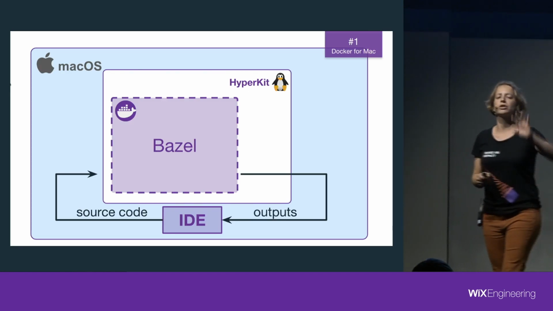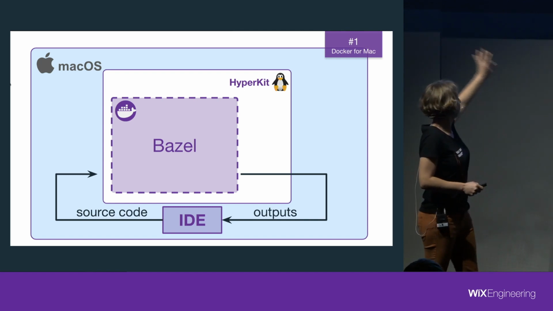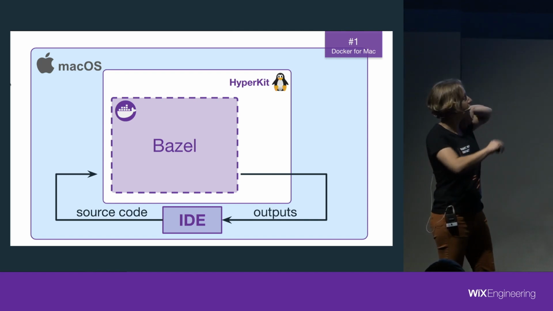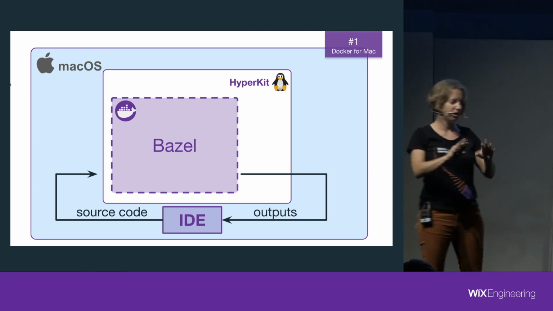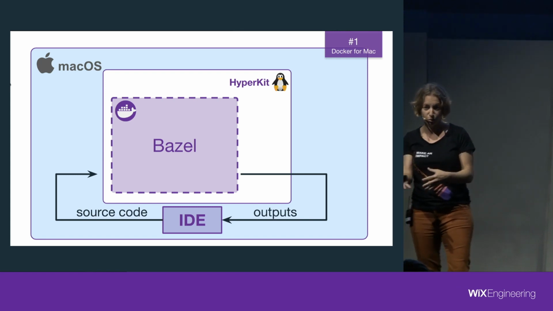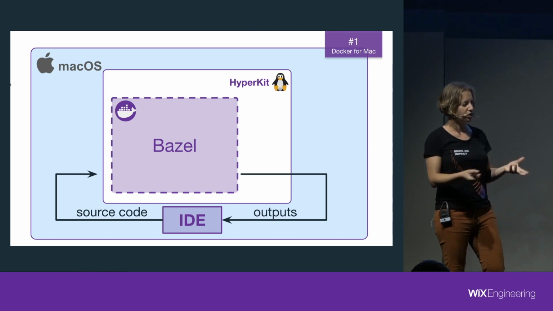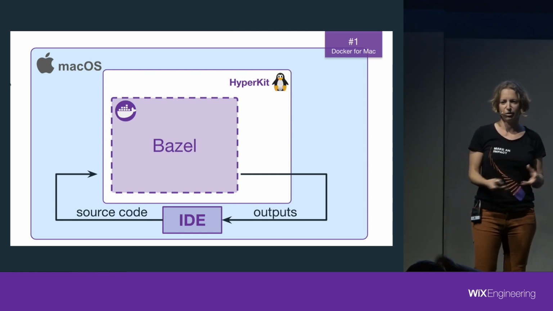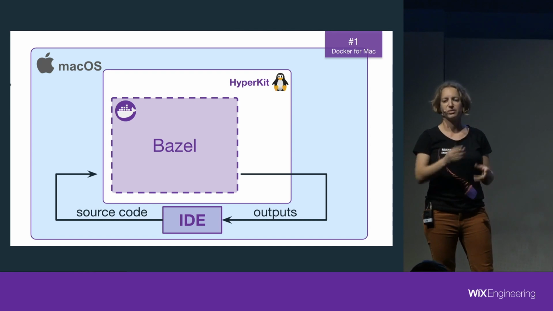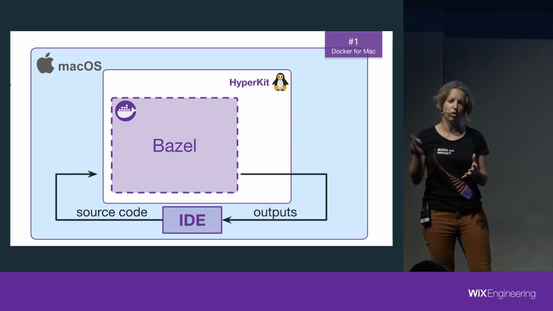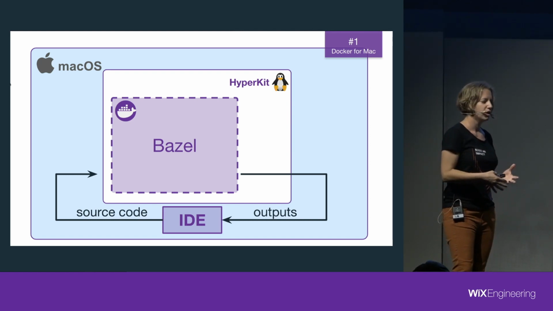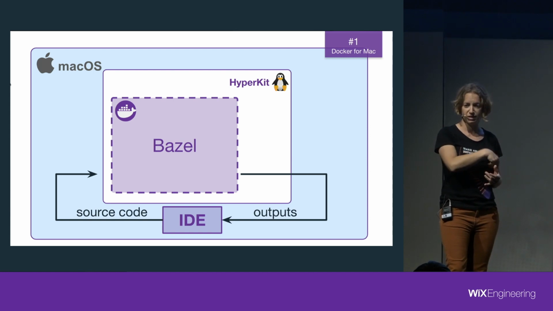So just to make sure that we understand the picture. What we have here is your Mac, okay? We have the IDE where you write your code, probably, most of us at least. And we have Docker for Mac installed inside it, okay? Now, the reason we have this cute penguin there is because Docker for Mac actually brings its own Linux VM, precisely because of what I described before.